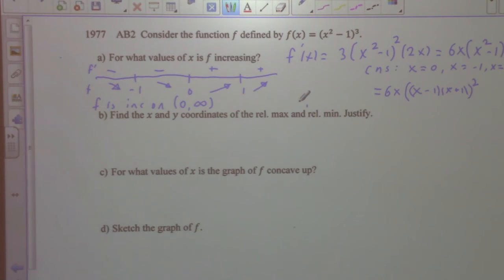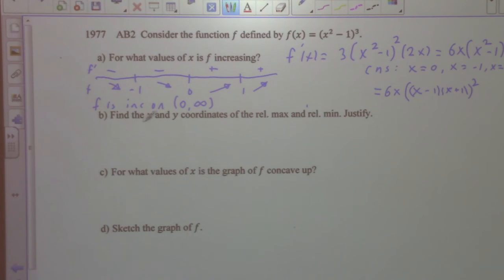Okay, and this says find the x and y coordinate of relative max and relative minimum. Do you have a relative maximum here? No, so there's no relative maximum. Where do we see the relative minimum? At 0. So if we plug in 0 for x, we're going to have -1 cubed, or -1.